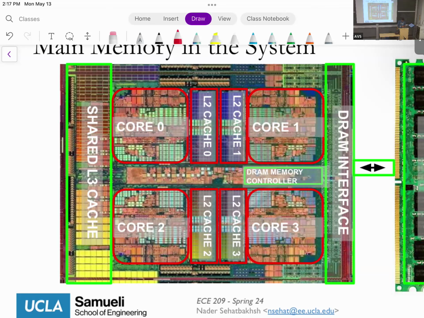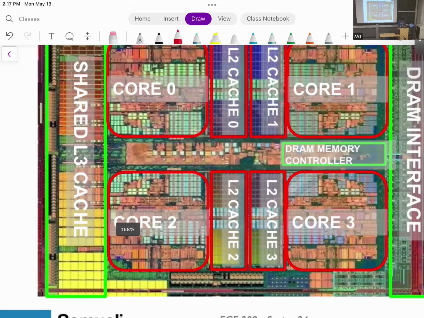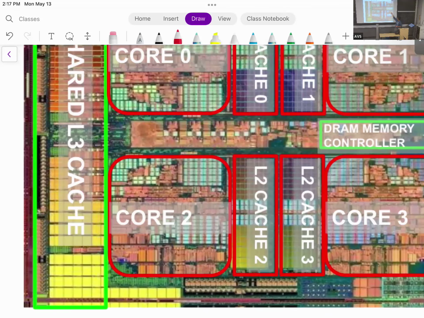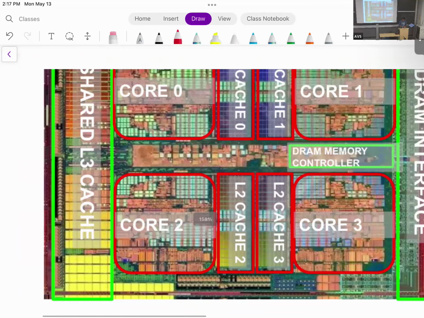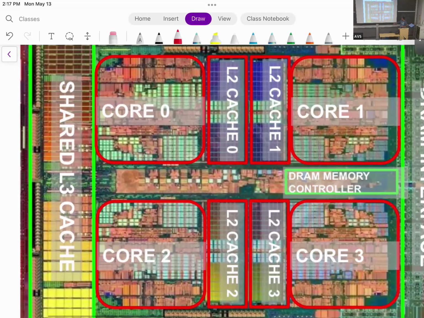As you will see, the L1 cache of the system is very, very close to each of these cores. So a large portion of each of these cores is usually the L1 cache. It is very close to the core, which makes it very fast to access. Then we have the level 2 cache, which is bigger, but slightly scattered.